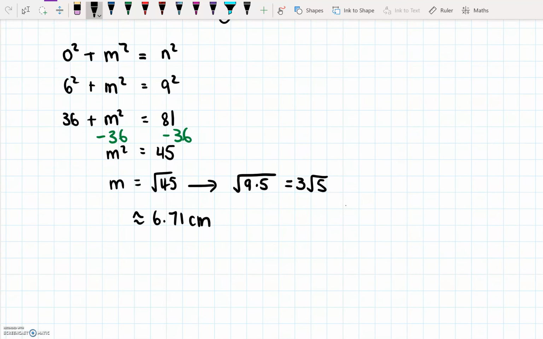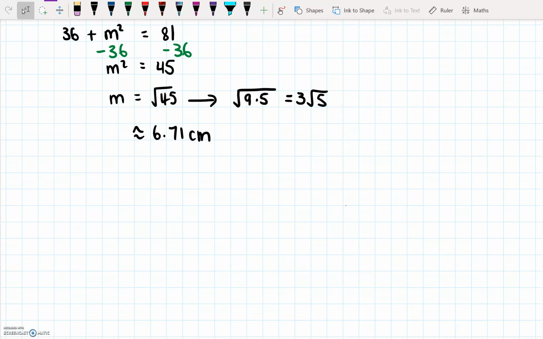Okay, now we're going to do one more where I won't give you the triangle to start with. Okay, so we'll say in triangle XYZ, we will say angle Y is 90 degrees.